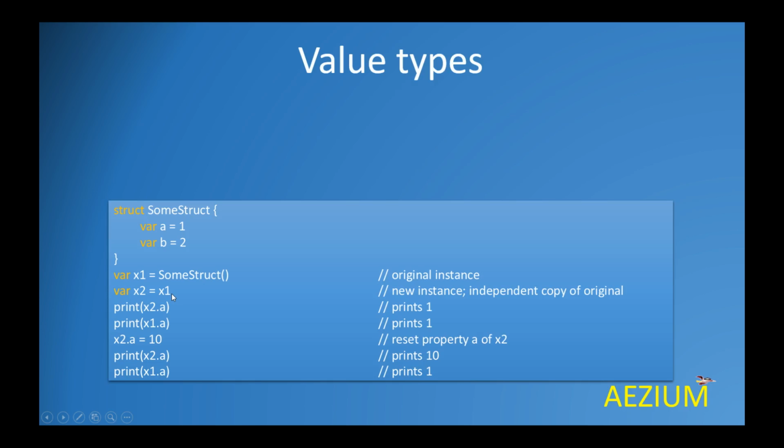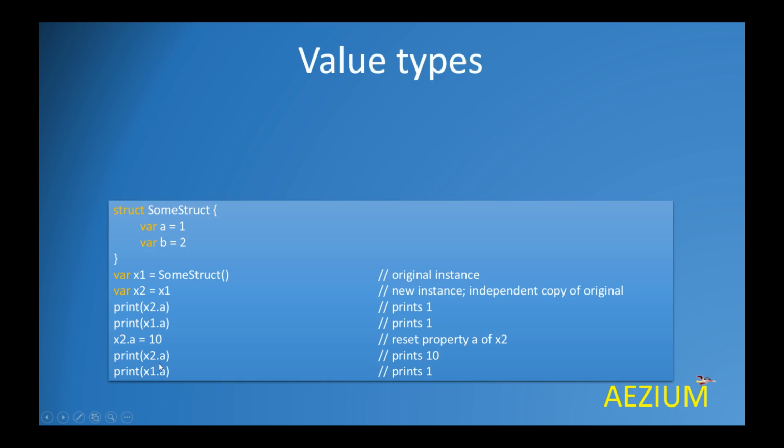Up until this point, we expect that if we attempt to print the properties of x1 and x2, they would be identical. So if we print the property a of x2, we will get 1, and if we print property a of x1, we also get 1. Now if we attempt to change the property a of x2 from 1 to 10, then we repeat the print statements here.